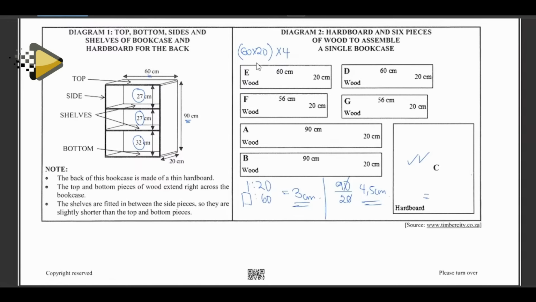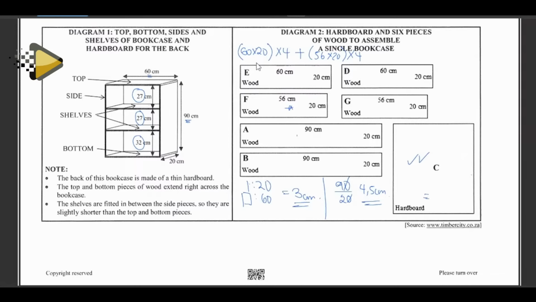Here, for one, we need 2 of them. Plus the area of the shelves. How many are they? They are 2, which is 56 times 20, also times 4, because they appear to be twice.